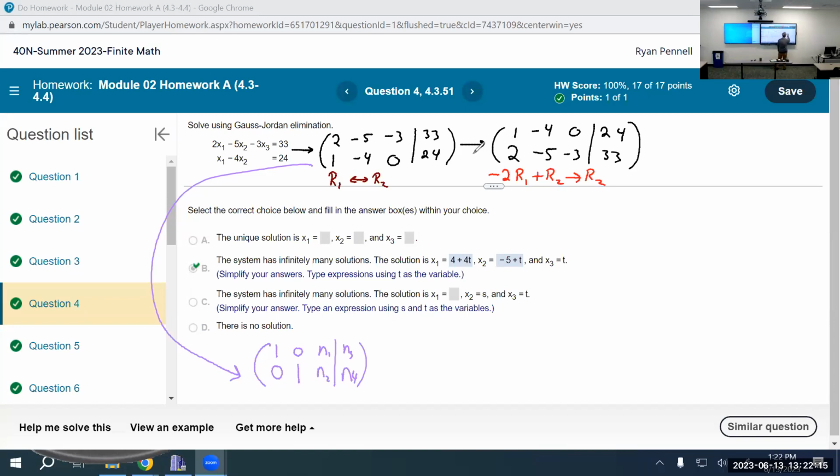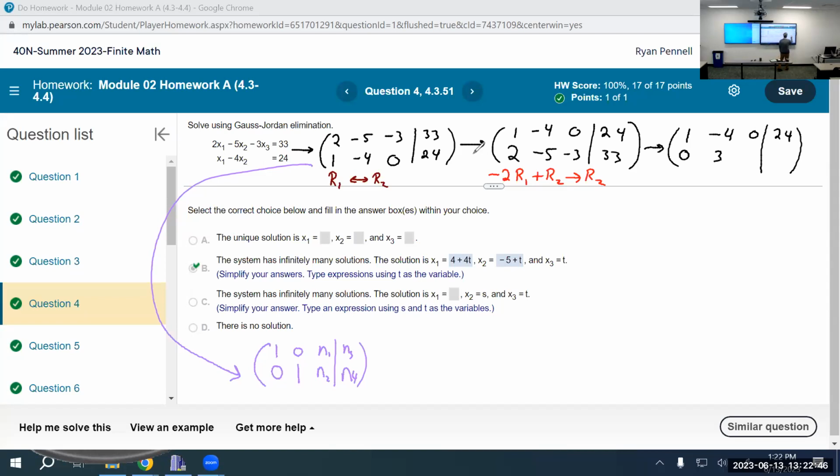Do that. What happens? First row does not change. So I believe this becomes a 0. Right? Then I have -2 times -4. It's +8 minus 5 is 3. -2 times 0 is 0.